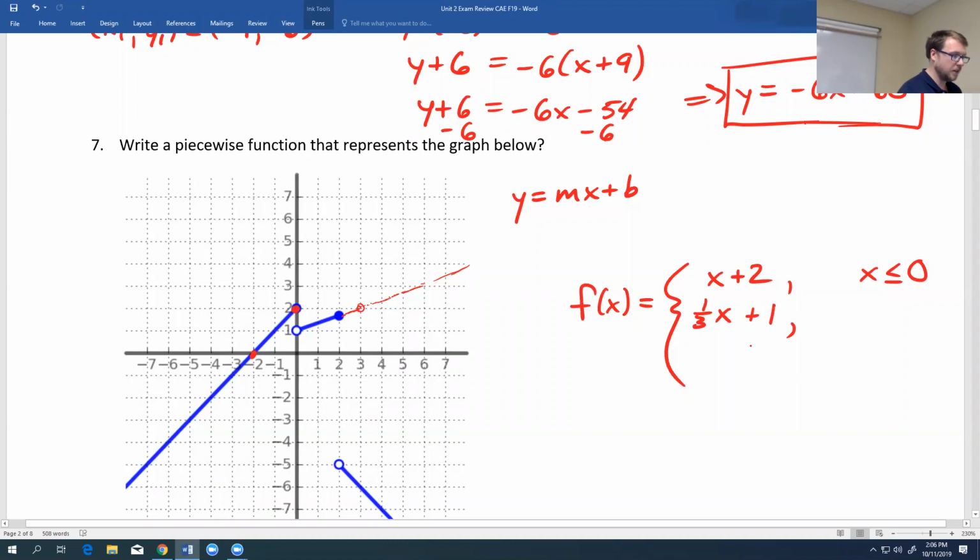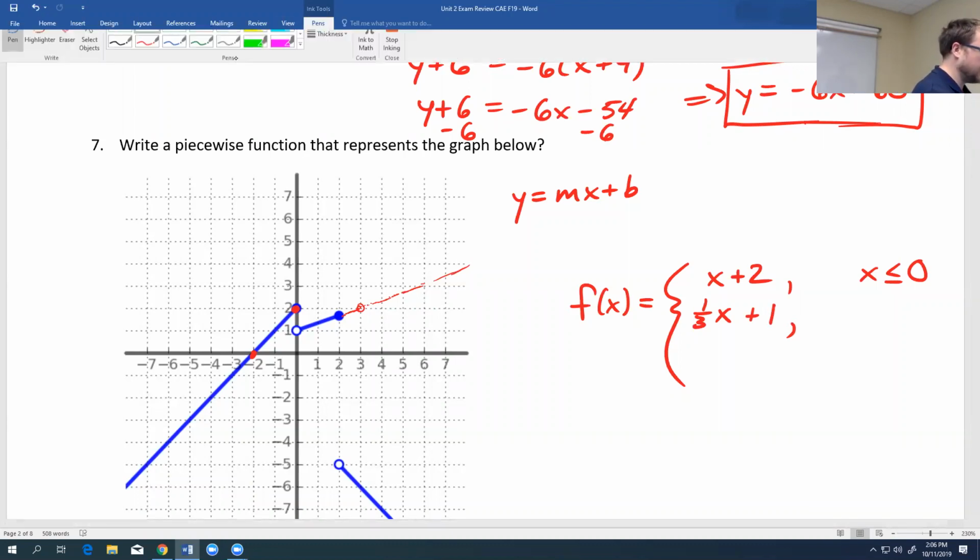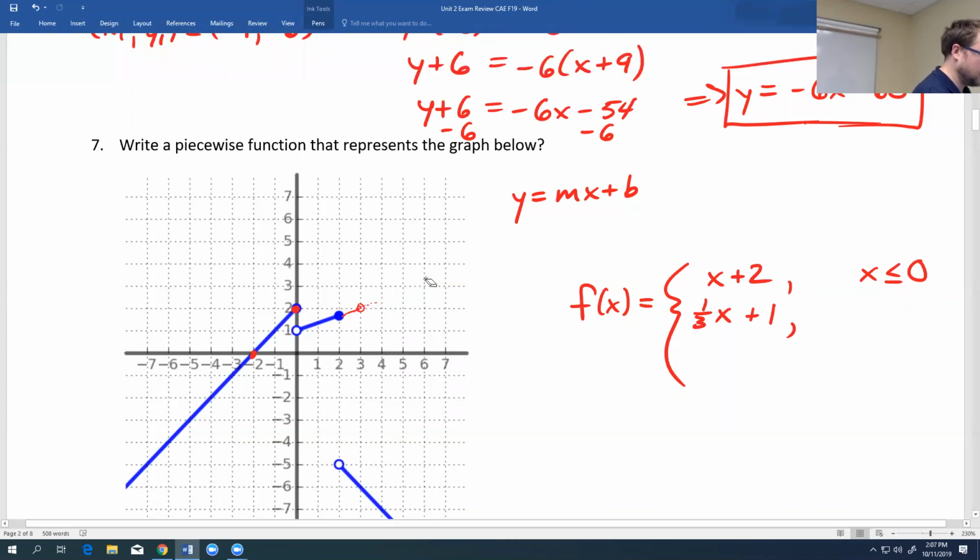Now I can get rid of that scaffolding so it doesn't get in the way. This is going from 0, not included, to what? 2 included. So I have to do less than or equal to 2. You guys are doing really good.